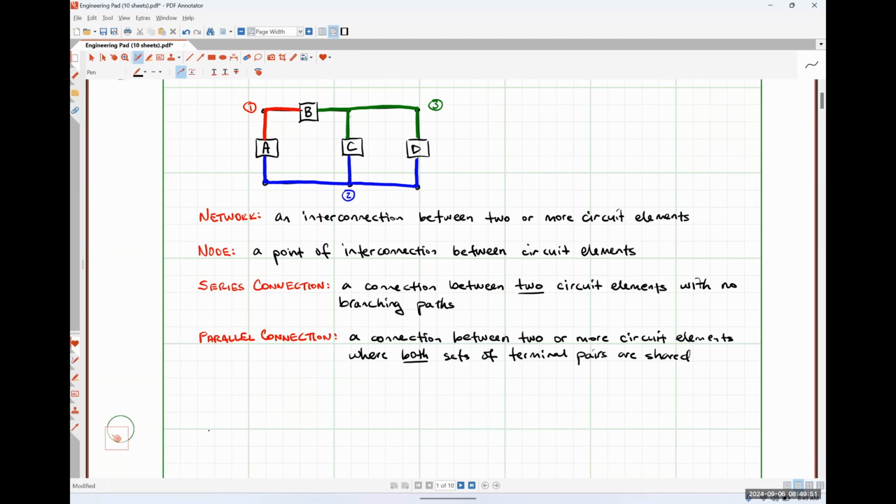Are elements B and C connected in series? Exactly correct. There is a branching path that goes off to element D, which means elements B and C cannot be connected in series based on our current definition of a series connection.